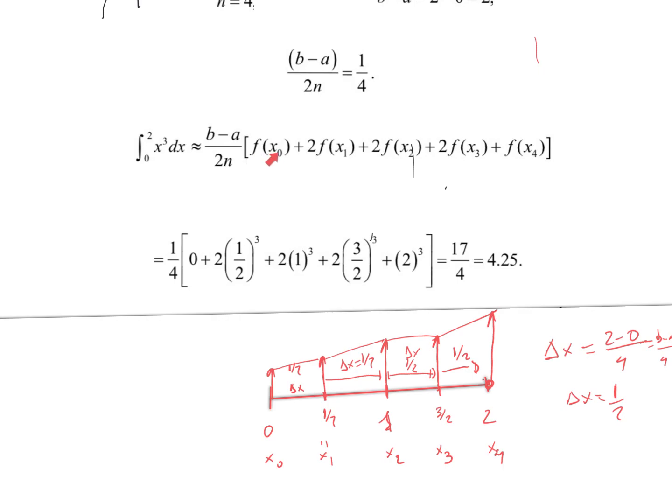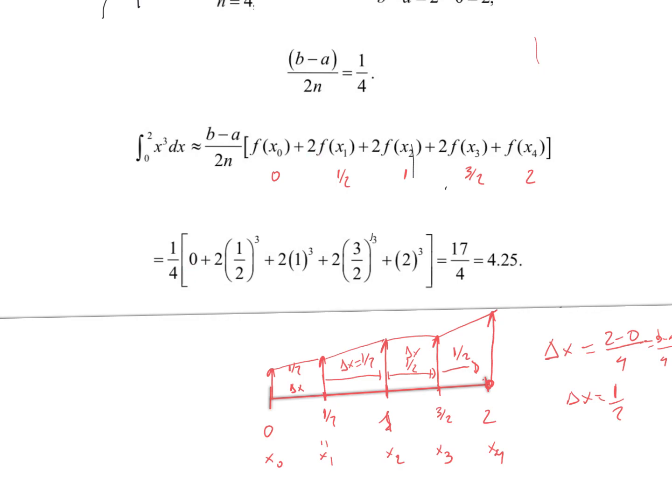So x0 is the point 0, then 1/2, 1, 3/2, and x4 is the point 2. So what is f of 0? f of 0 is 0 cubed, which is 0.